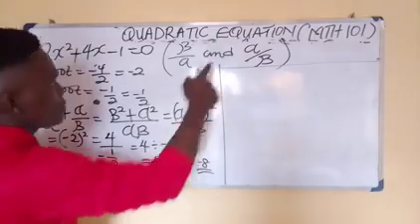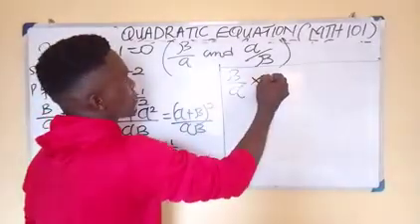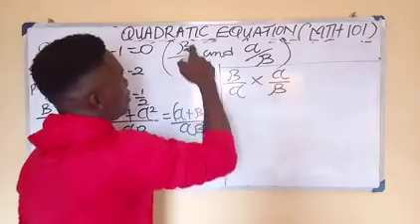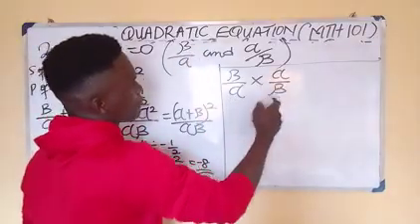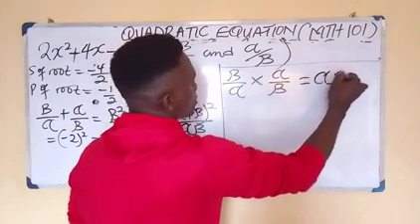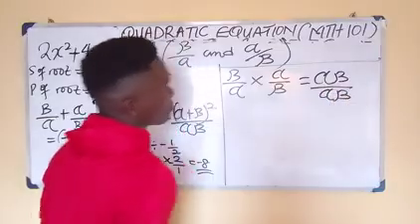So the product of these, that is alpha over beta times beta over alpha. What will happen? It becomes alpha beta over alpha beta.